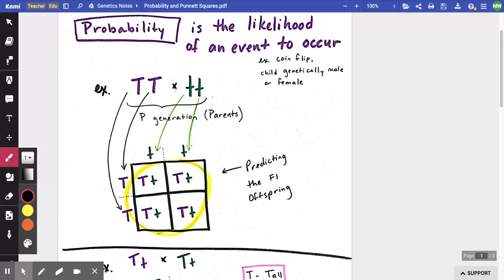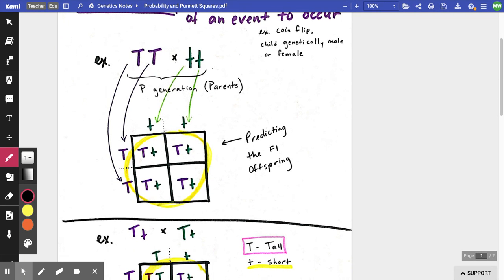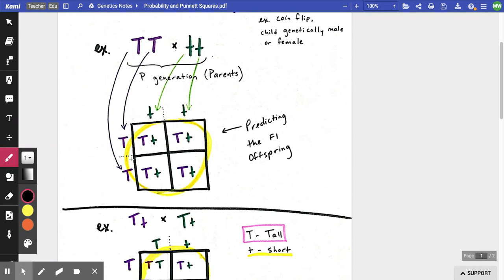The Punnett square is then set up, placing the lowercase t here and the other lowercase t here. Notice we separated them, and I have a little dotted line there to show that separation. And we did the same thing on the left side with the capital T and capital T. Again, I have a little separation there to show you.